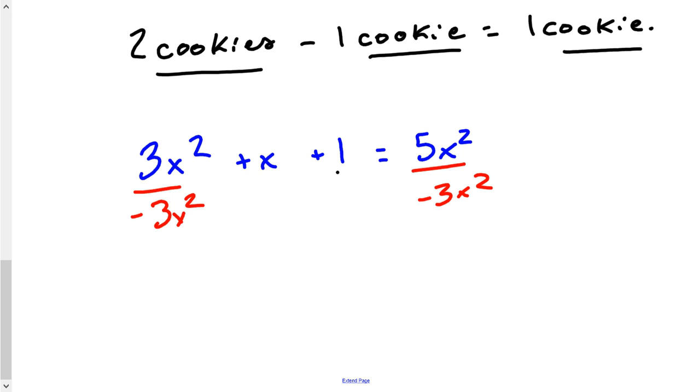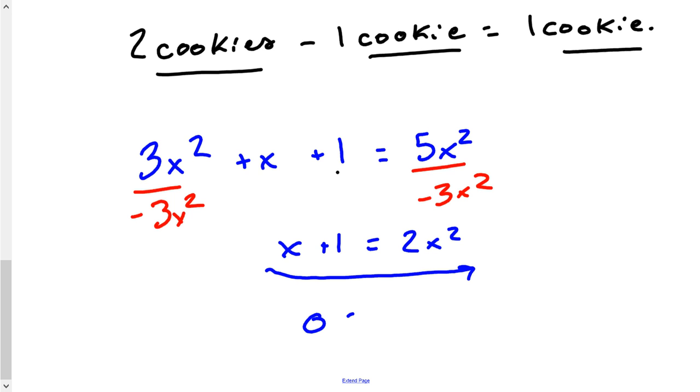And that would leave us with x plus 1 is equal to 2x squared. Then you would eventually move everything over to this side, but that's a little bit more advanced. It's really just making sure that everything is on the same side.